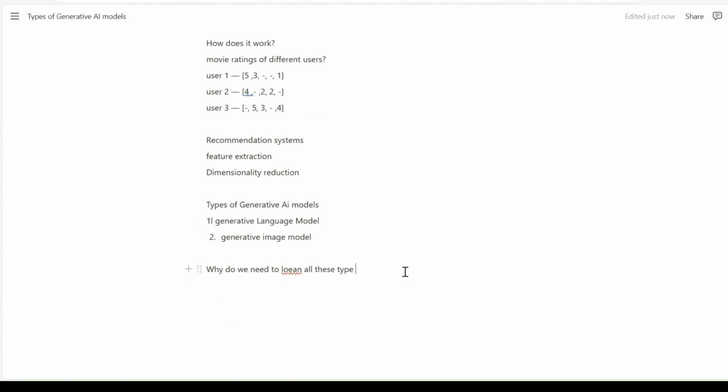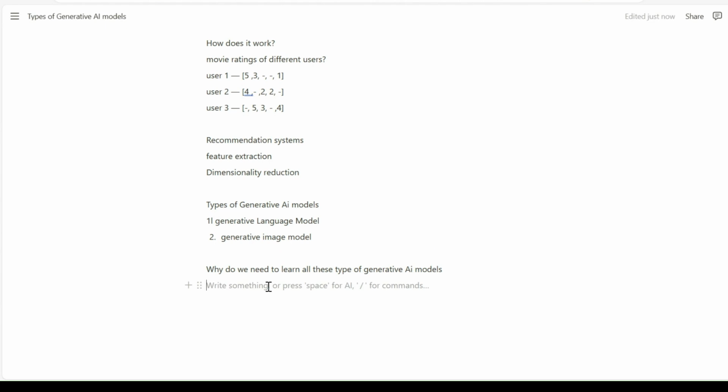So why do we need to learn all these types of generative AI models, or at least know how they work?